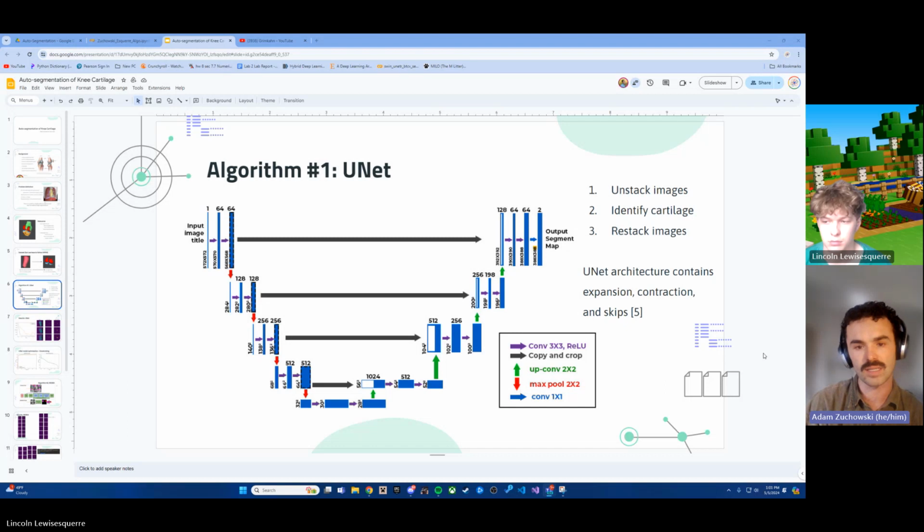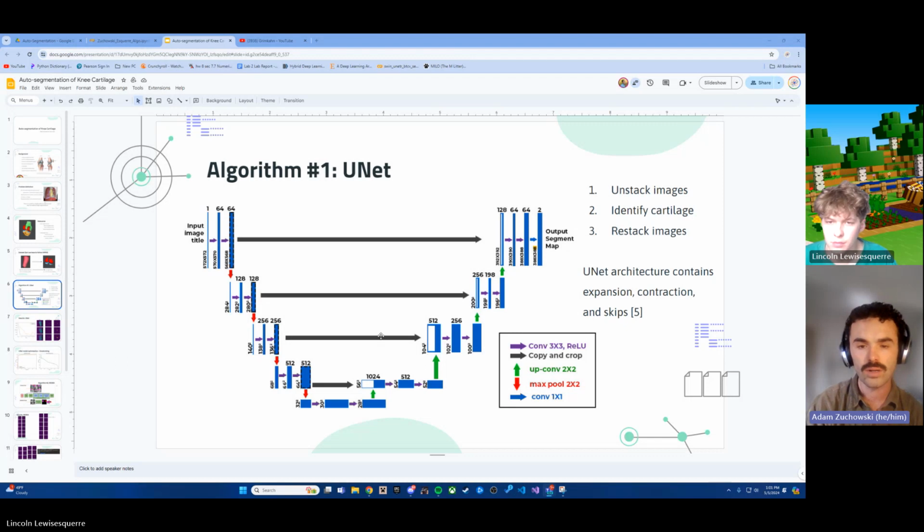The next is an expansion system, which upsamples your image back to the original size using upconvolution. And then there's also a series of skip connections. These skip connections connect the output of some of the contracting layers to the more expansive layers. This allows later layers towards the end of the network to access information about those features from the very beginning of the network, and it makes it a pretty effective tool for image analysis.